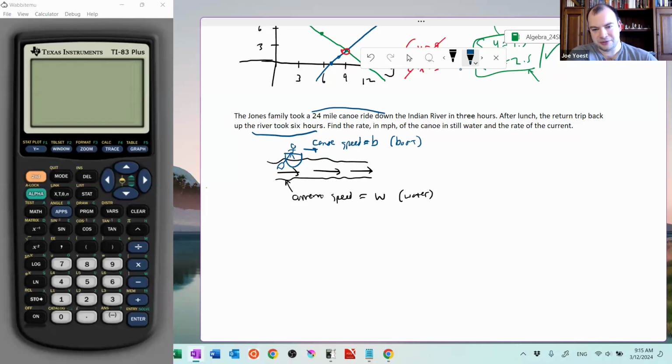So the distance traveled is 24 miles in each direction. So they travel 24 miles one direction, then 24 miles the other direction. The time is 3 hours or 6 hours, depending on which direction they're going. When they're going in the direction of the current, their speed is being added to the speed of the current.